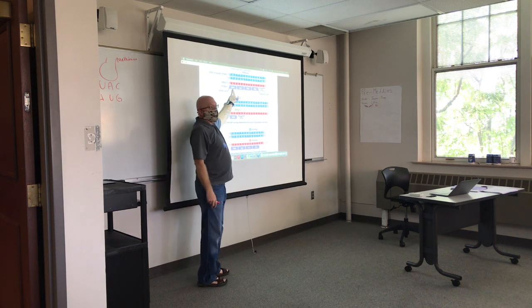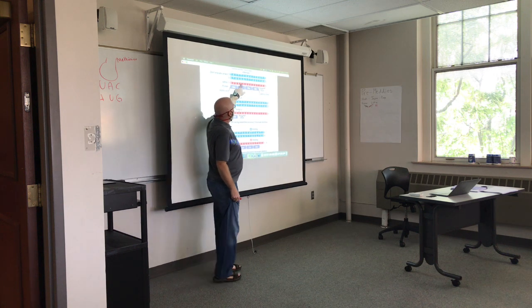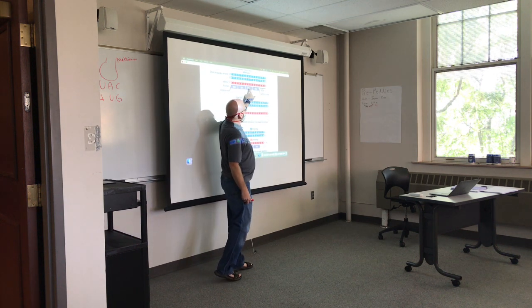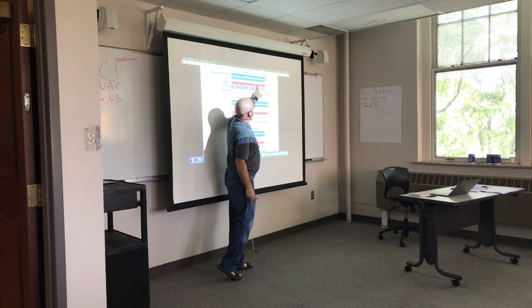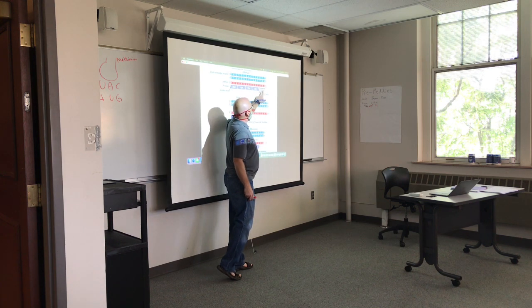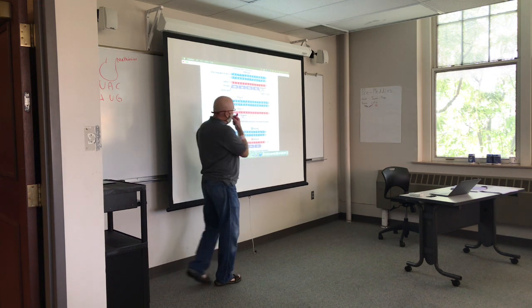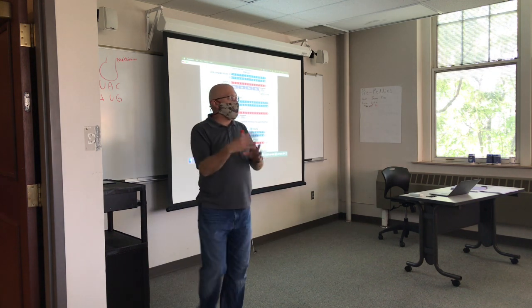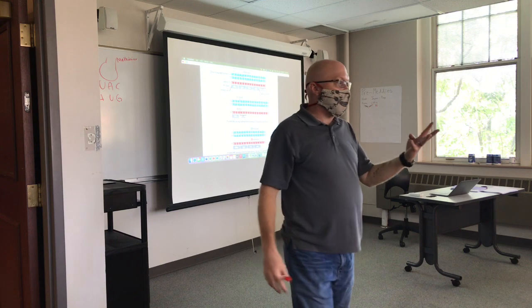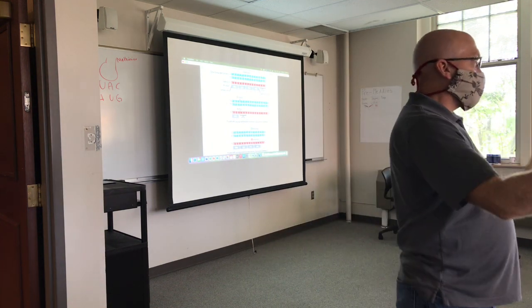AUG is the start codon, which corresponds to methionine. AAG corresponds to lysine. UUU corresponds to phenylalanine. GGC corresponds to glycine. And UAA is one of the stop codons. So this gene would code for the lamest of all proteins with only 4 amino acids before it stops creating this protein.